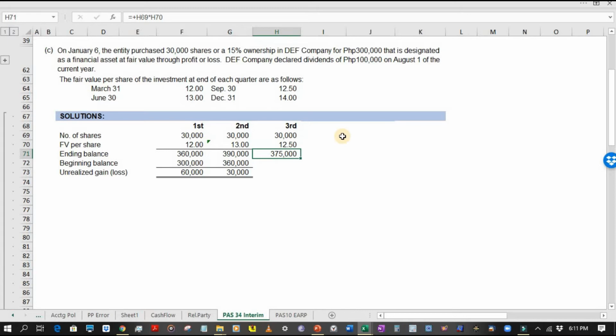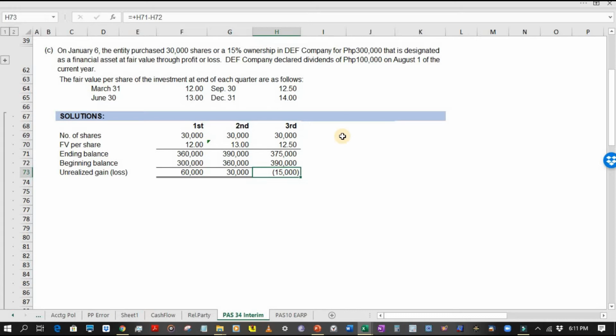And to get the fluctuation, the increase or decrease for the third quarter, from June 30 to September 30, we're going to compare the 375,000 with 390,000 pesos. And that is a decrease of 15,000 pesos. So this time we have a loss of 15,000 pesos. And similar to the 60,000 and 30,000 pesos, this will be presented in the income statement of the third quarter.